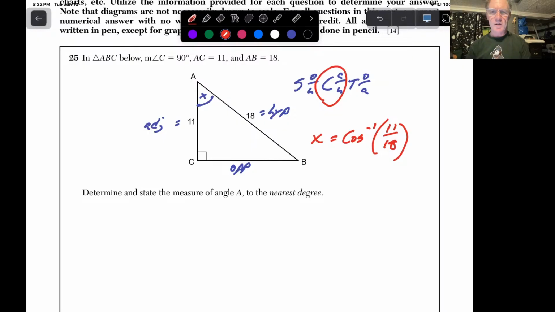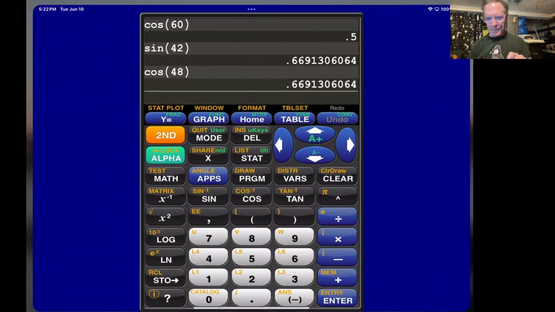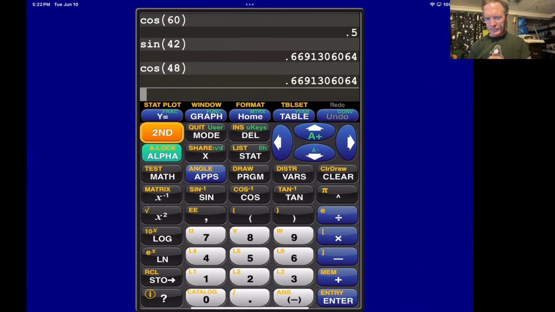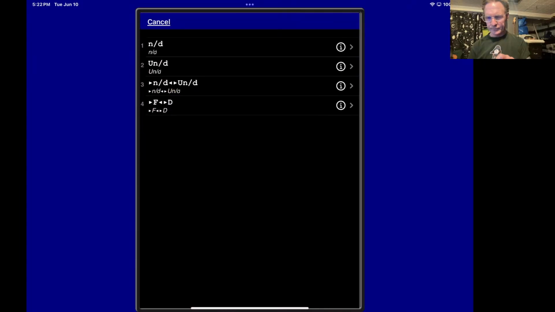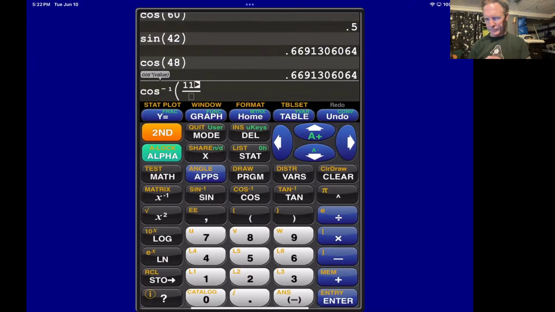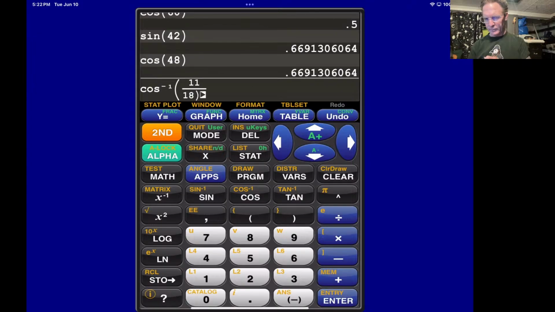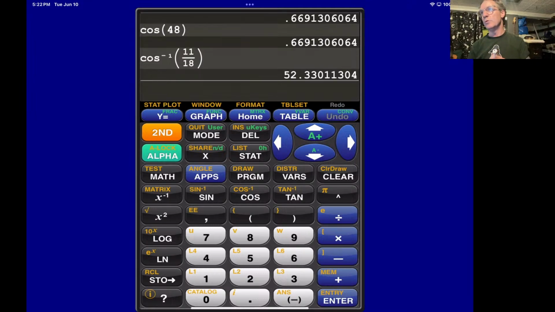Plug that into your calculator. 11 over 18. 52.3.